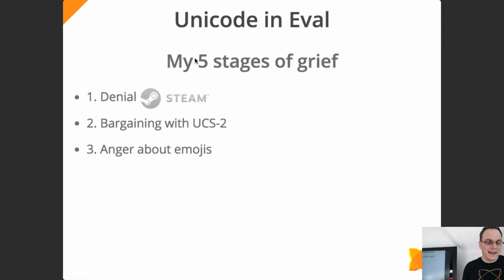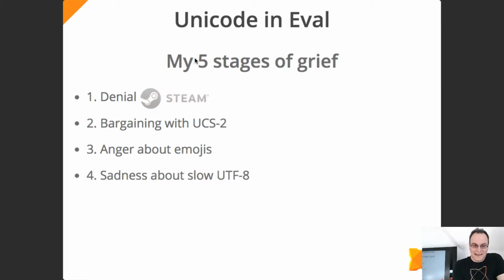Then there was a certain anger about emojis, of all things. But yes, it was actually emojis. Did you express that in emojis? Yes, I did express that in emojis. And that anger led me to be sad about a slow UTF-8 implementation. And finally, I reached acceptance of a fast UTF-8 implementation.